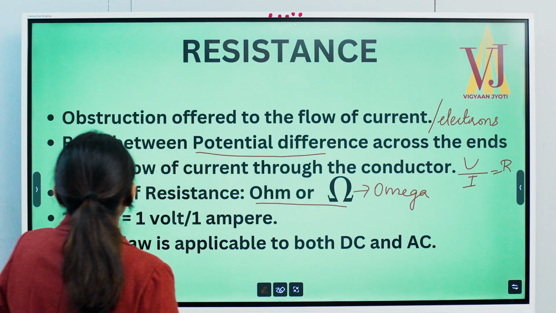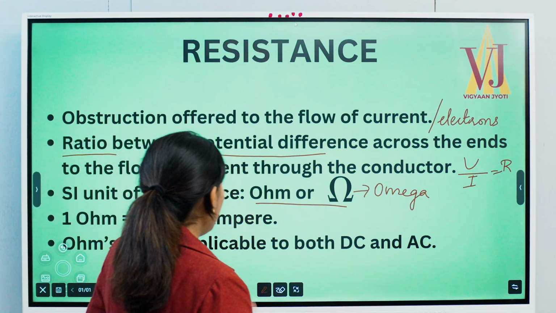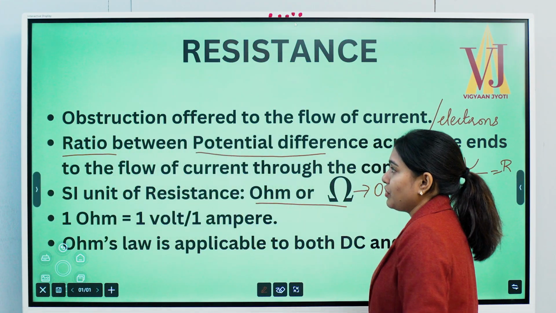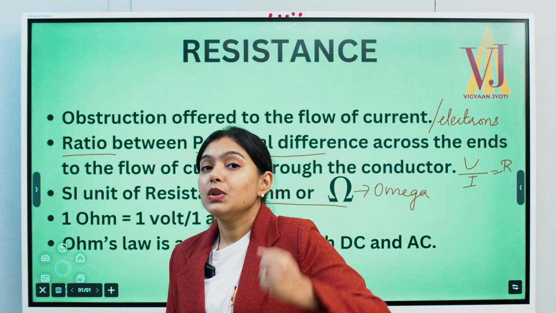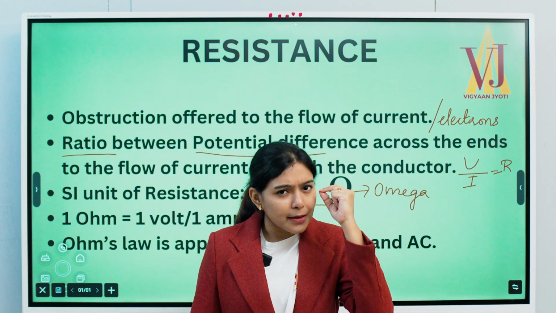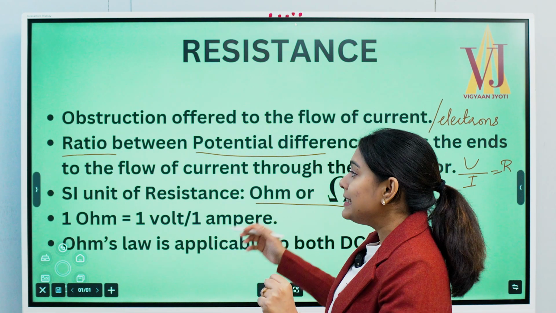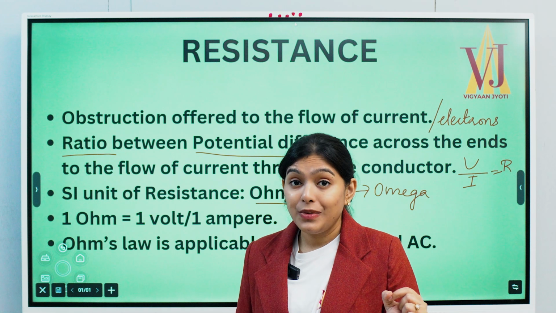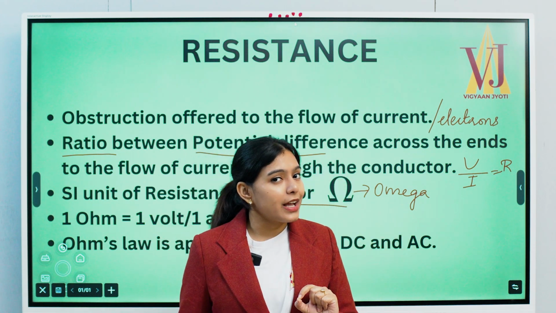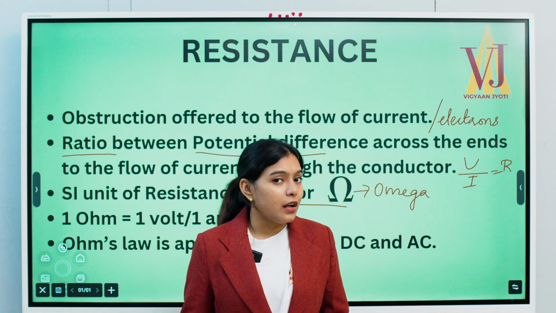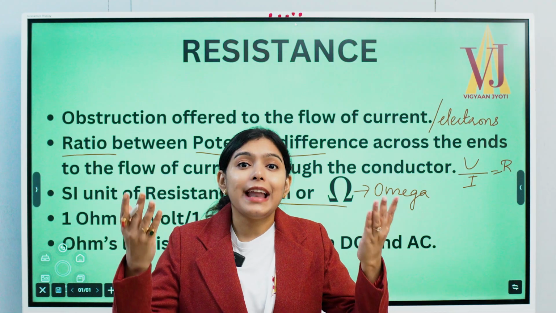Okay, fine. Now again we are going to define the one SI unit of the resistance. When I say 1 ohm, it is the ratio between voltage and current, and the current concerned is 1 ampere.